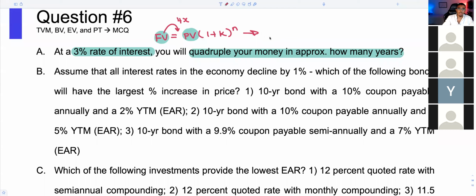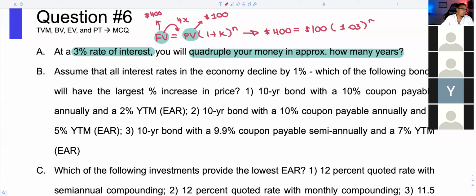So you could use a random amount, for example, $100 as your present value, and that would mean you would want your future value to be equal to $400, such that you would have $400 is equal to $100 times 1.03 to the power of n. And then you would obviously solve for n. That's one way of going about it.